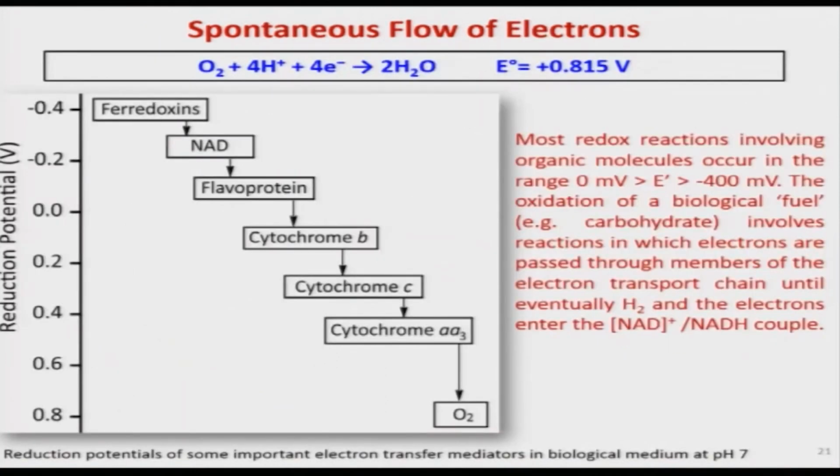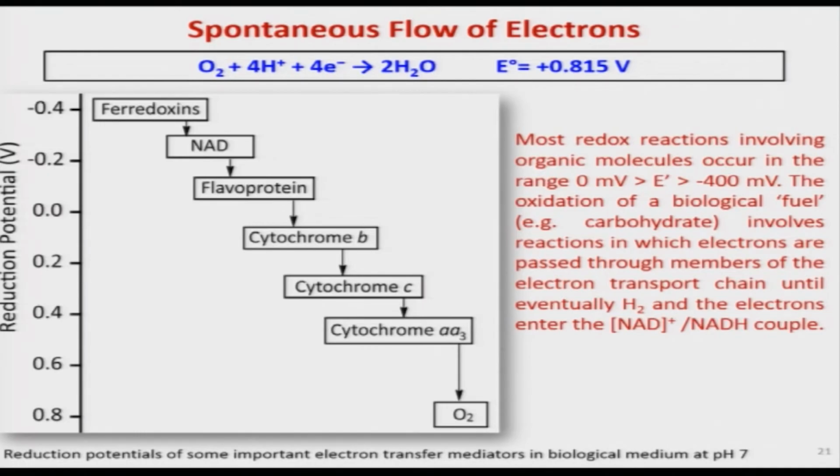Most redox reactions involving organic molecules occur in the range of 0 to minus 400 millivolt. The oxidation of biological fuel like carbohydrate involves reactions in which electrons are passed through the electron transport chain until eventually hydrogen and electron enter the NAD plus NADH couple.